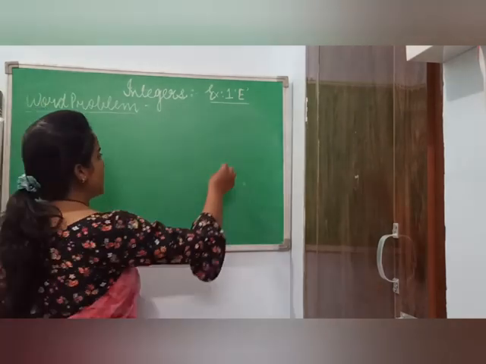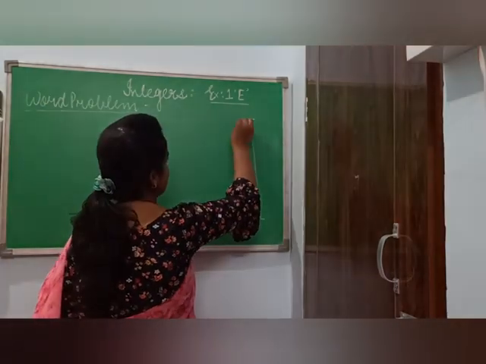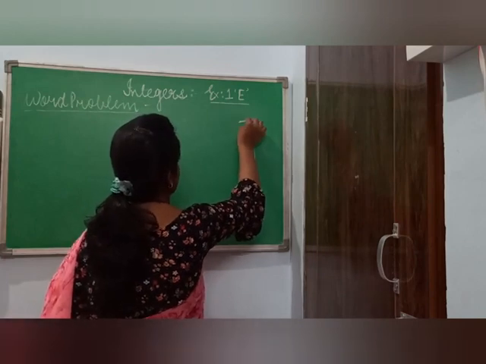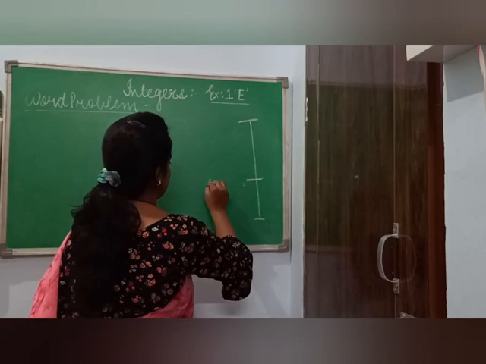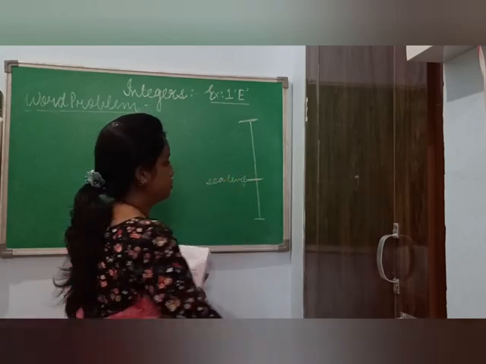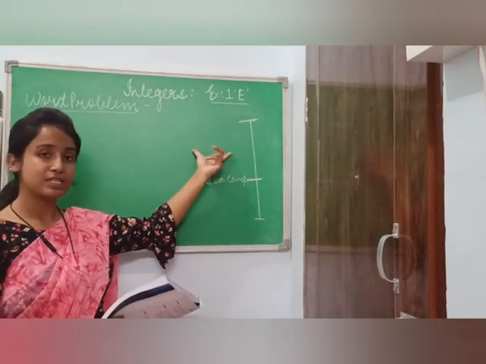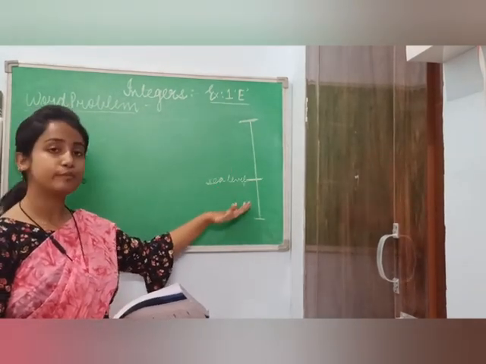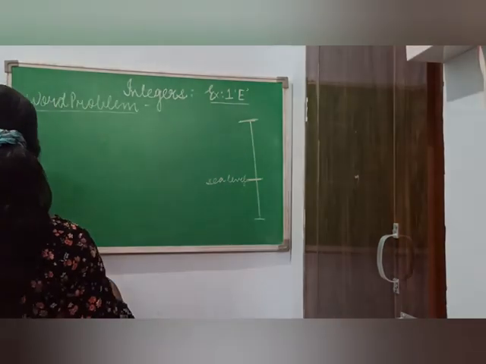So we can understand this question like, see, if we take this as our indicator line and just mark a point as sea level. Now students, whatever is above the sea level will be taken as positive and whatever is below the sea level will be considered negative.